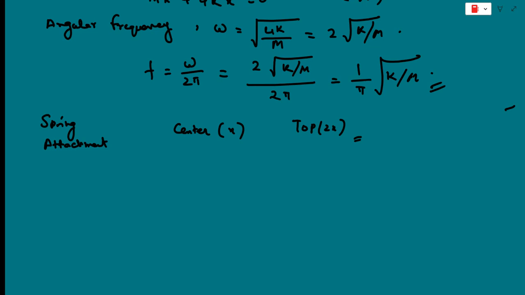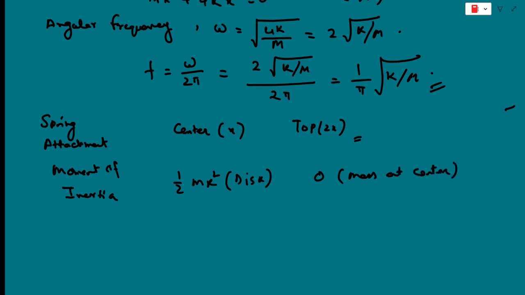And the moment of inertia is half m r square for the disk, and this is 0 for the mass at center.